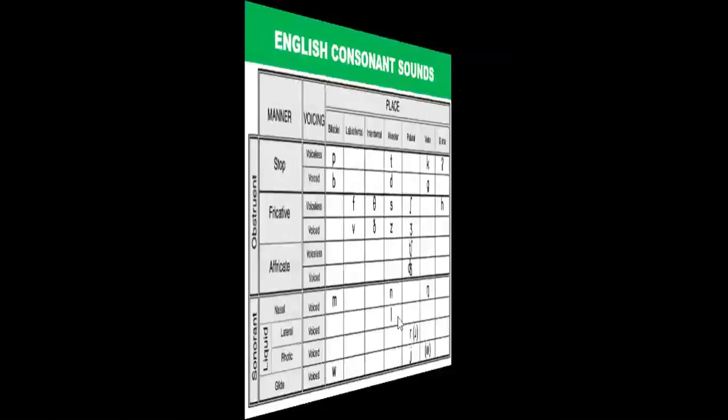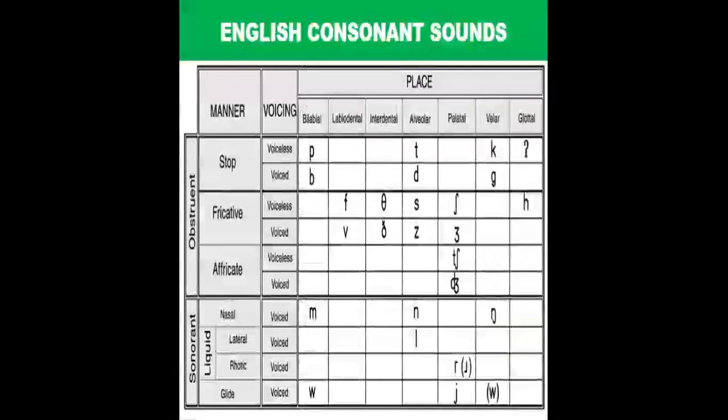Now, this brings us to the next, which is consonant sounds. Proper enunciation of consonants is essential for clear communication. So we will cover some common consonant sounds and how to articulate them accurately. Remember that clarity is key when it comes to oral communication.